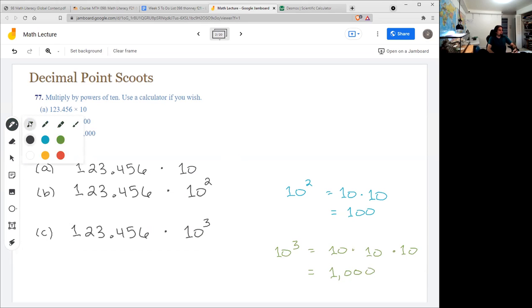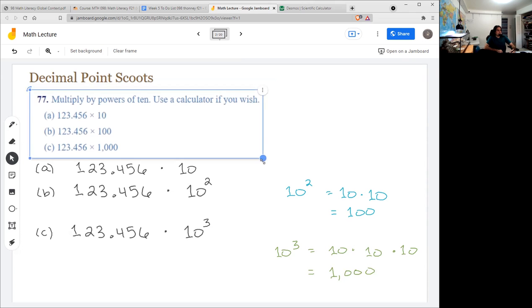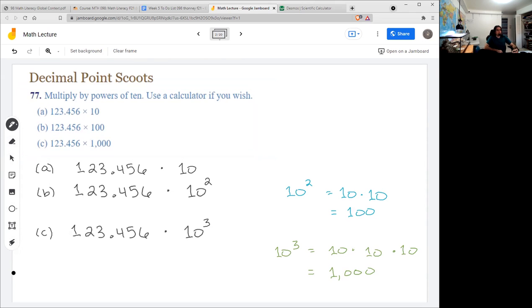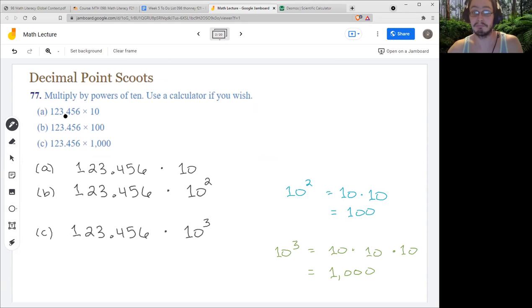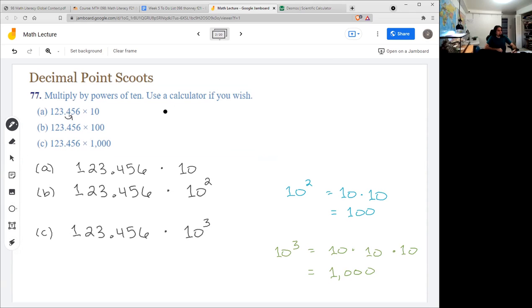Okay, I have bought us some time. What's happening with A? What's the pattern? The decimal moves to the right one place. Okay, and the next one?